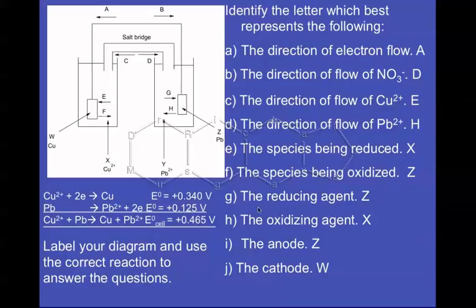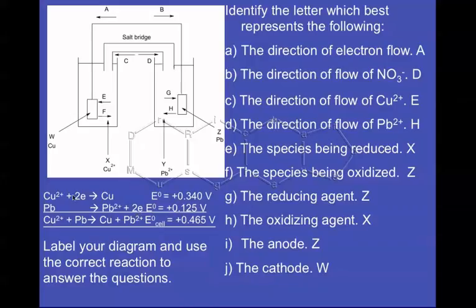The next one's reducing agent and oxidizing agent. These are probably the most difficult to understand, but I'll do my best to explain it to you. The reducing agent is the species that's causing the reduction. So what is causing the Cu2 plus to be reduced? Well, what's causing it to be reduced is whatever is giving up the electrons. Lead is giving up these electrons here.